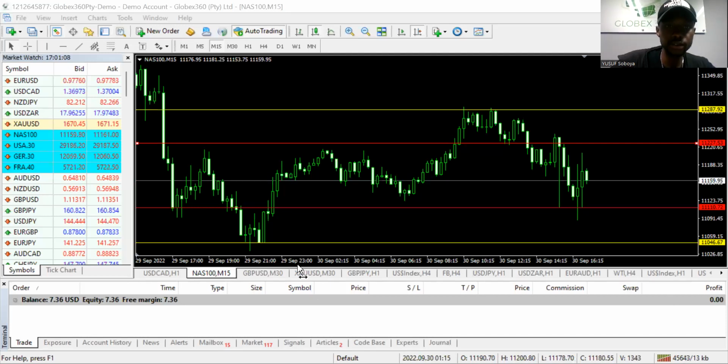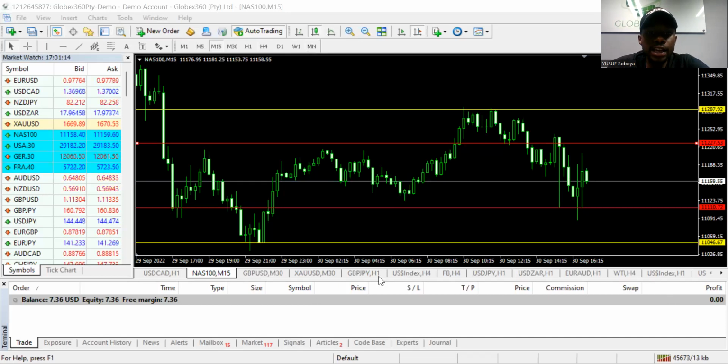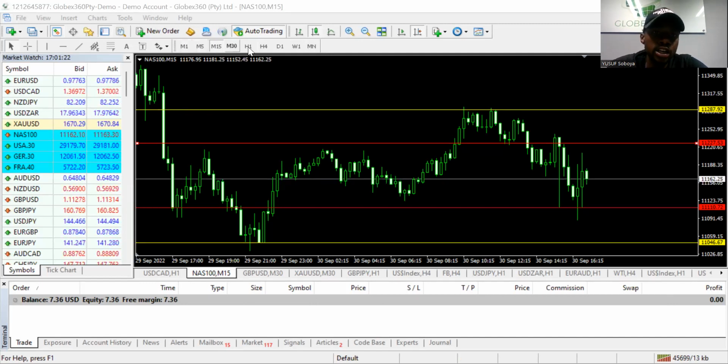Okay, here's the chart. Now we are looking at a 15 minute time frame. For those who are new here, these are time frames: M1, M5, M15, M30, H1, H4, D1, W1, weekly, monthly.